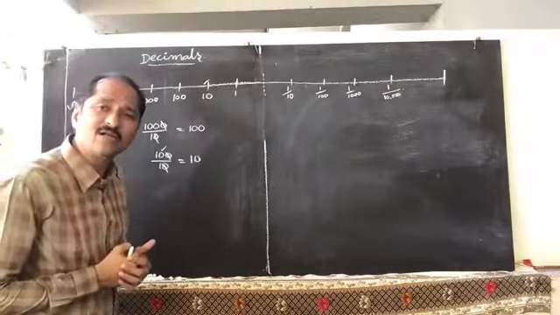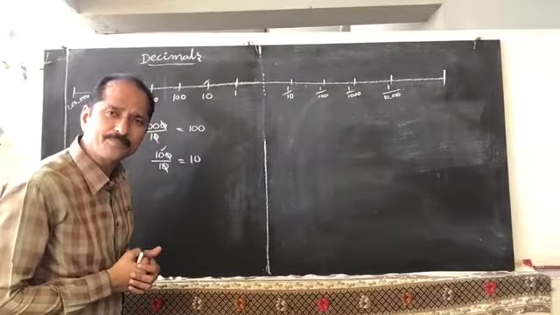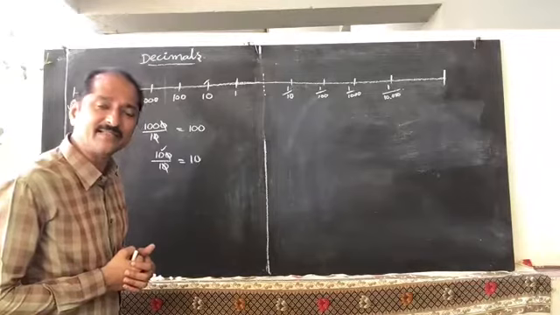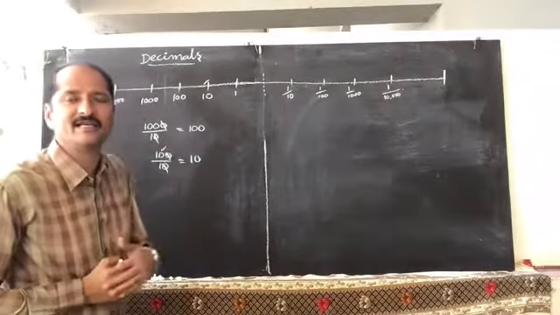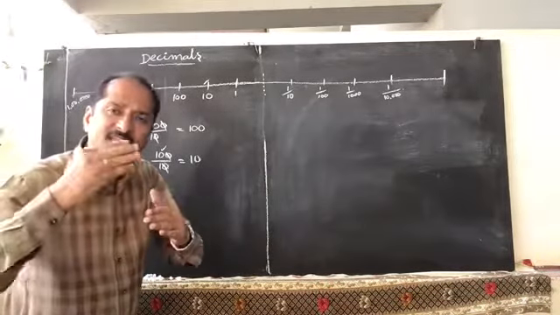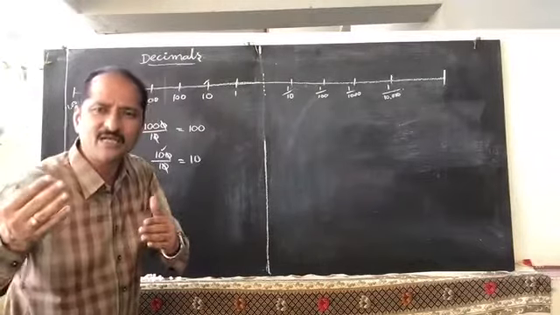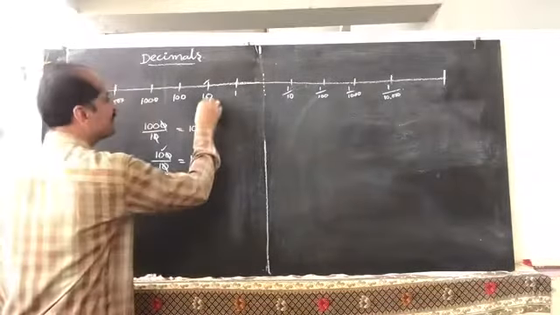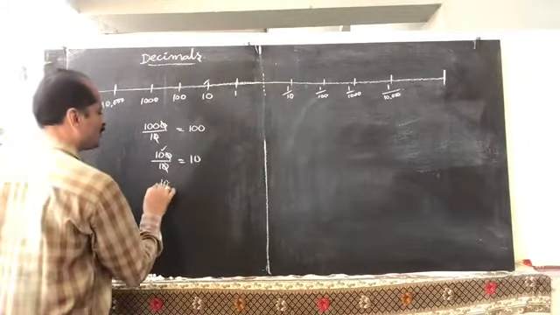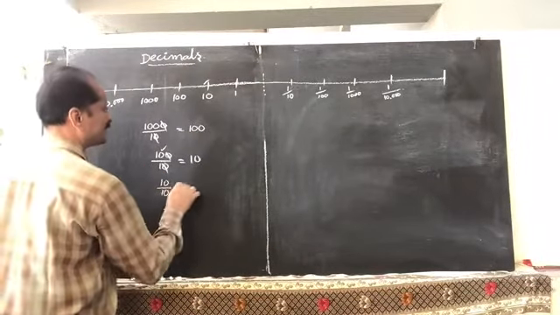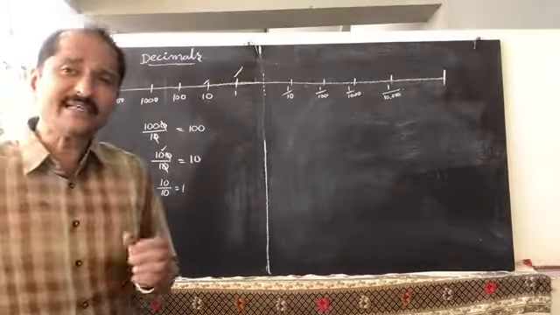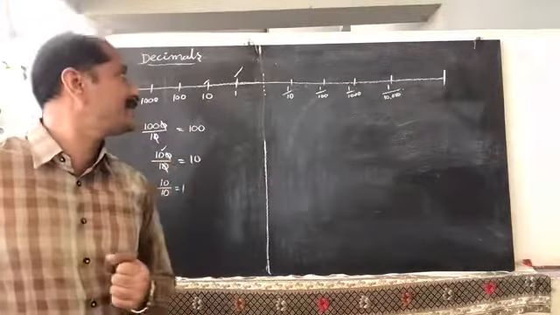What is the next lower than the 10's place? To get it, that place should be divided by 10. To get the next greater places, we multiply with 10; to get the next lower places, we divide with 10. So the next lower than the 10's place is 10 divided by 10, which is equal to the 1's place.